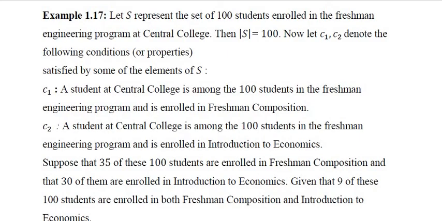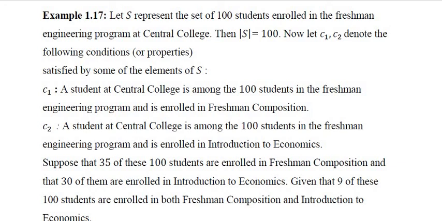Now let us see an example. Let S represent the set of 100 students enrolled in the freshman engineering program at Central College. Then the cardinality of S is equal to 100.